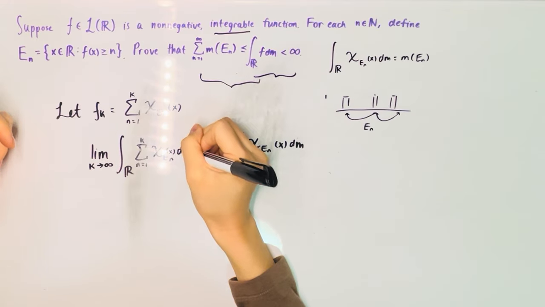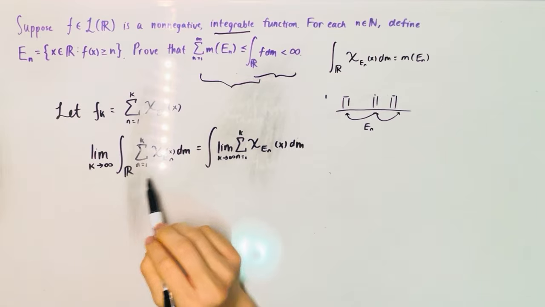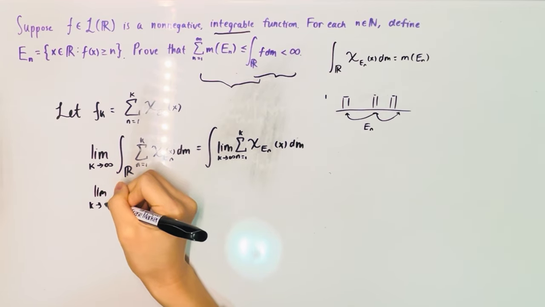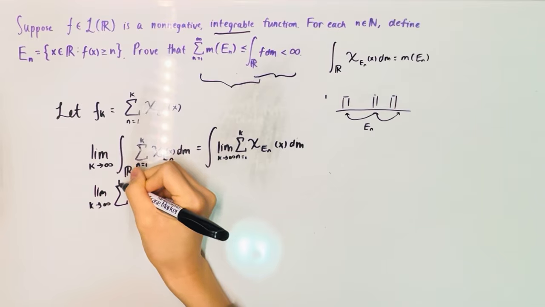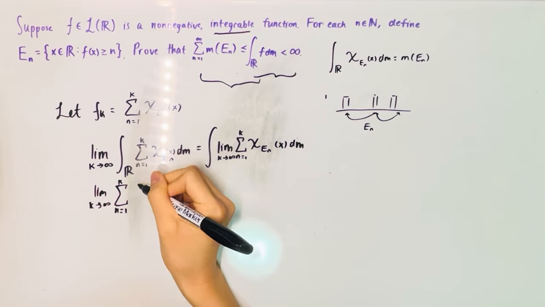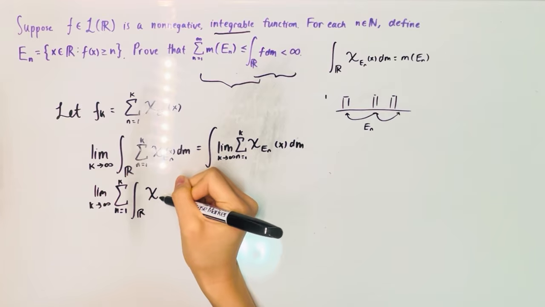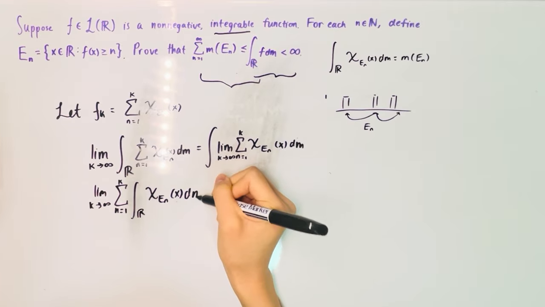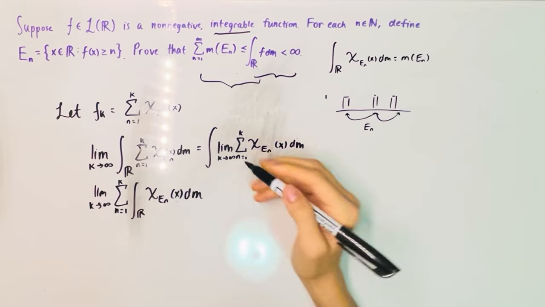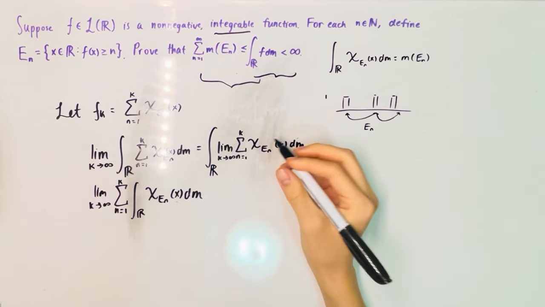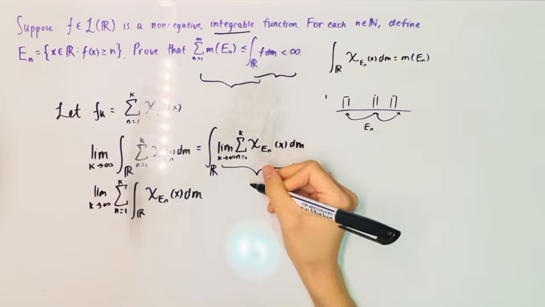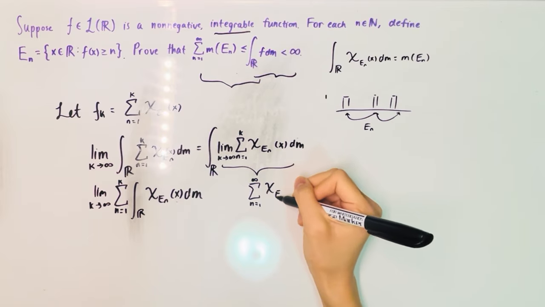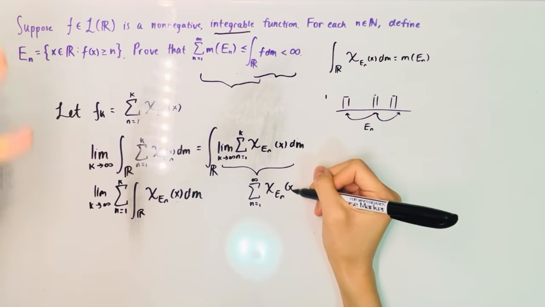And now by the linearity of the integral for finite sums, this is just equal to the limit as k goes to infinity of the finite sum of our chi_{E_n}'s. Now this part is a bit trickier, right? So this inner part is equal to the infinite sum of all our chi_{E_n}'s over our sets E_n.